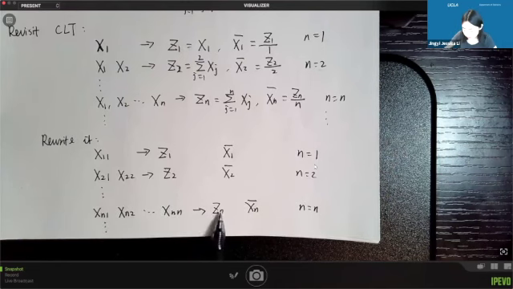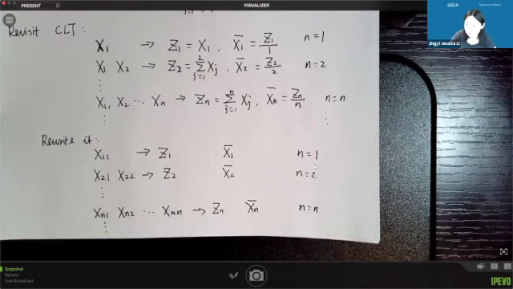Their sum is Zn, and their average is Xn bar. And we would like to discuss the asymptotic distribution of Zn as n goes to infinity. Once we can do that for Zn, we can do it for Xn bar because they only differ by a factor of n. Okay, so that's how we're going to pursue.